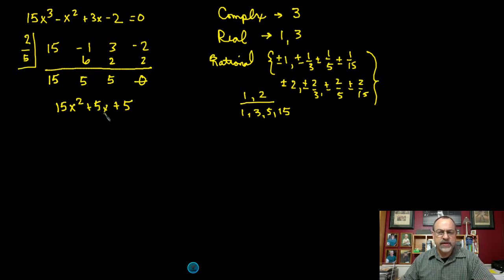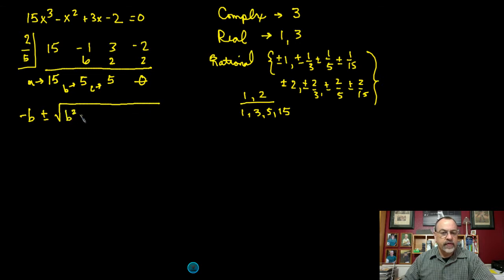So I'm going to get either irrational or imaginary, so I'm going to have to use the quadratic formula. Again, this is my A, this is my B, and this is my C. The opposite of B plus or minus the square root of b squared minus 4ac, all over 2a, that is the quadratic formula.